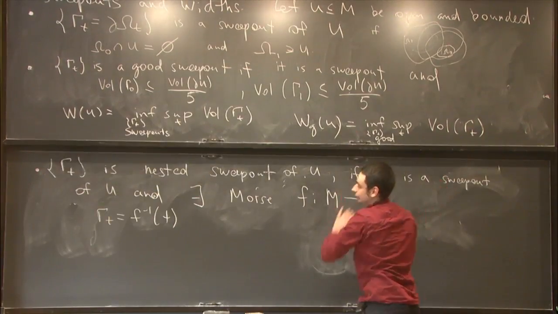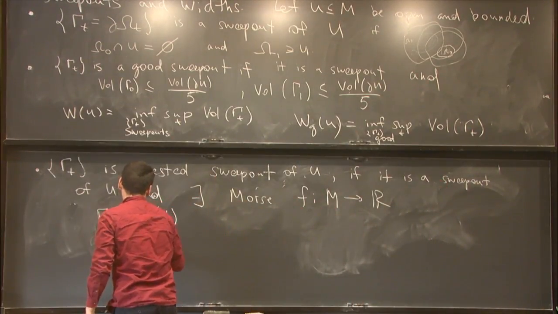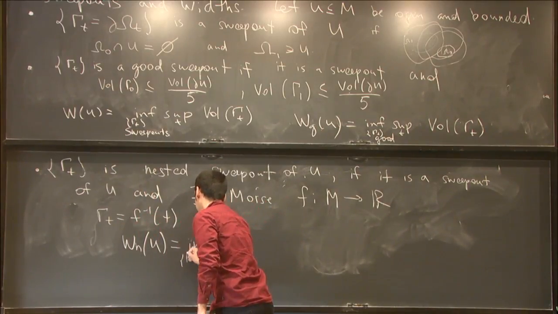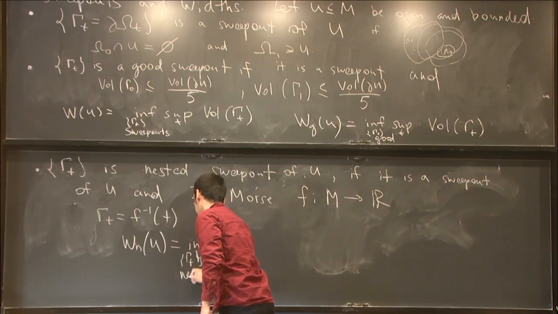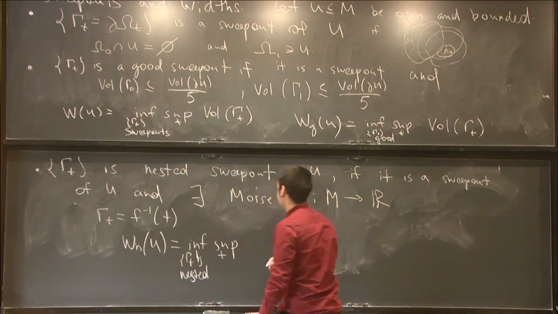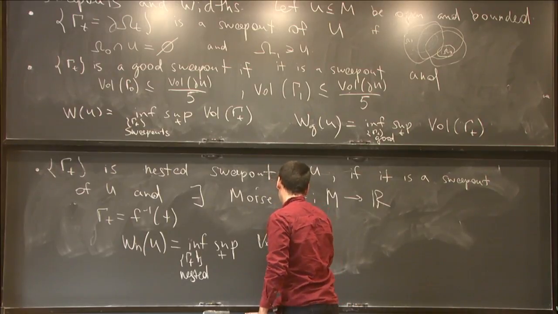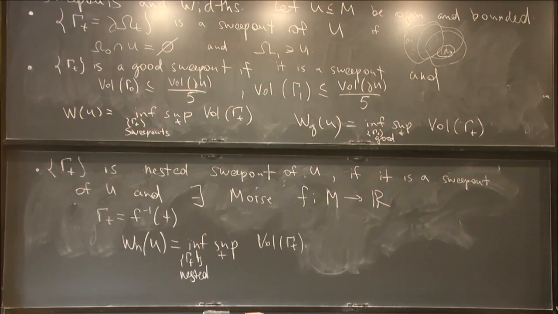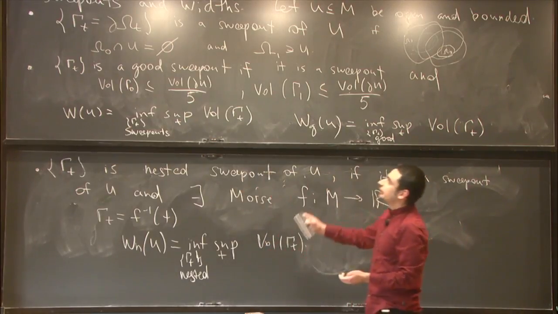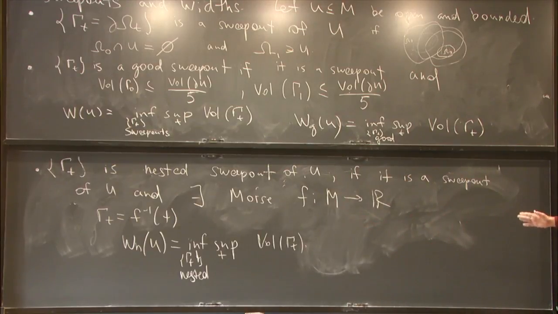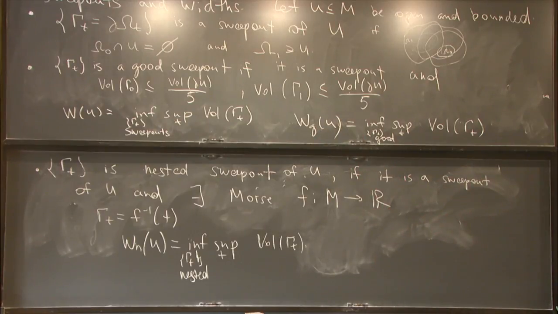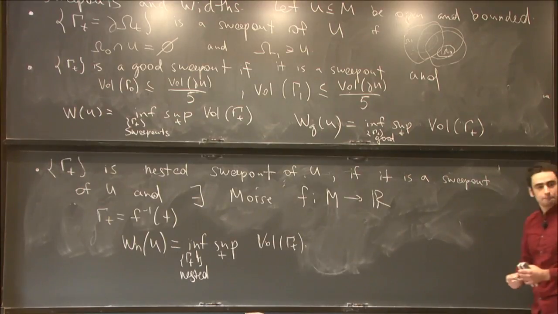And then of course Wn of U will be the min-max for all the nested sweepouts. So the proof proceeds by noticing certain relationships between these three numbers: Wn of U, Wg of U, and W of U. Any questions so far?